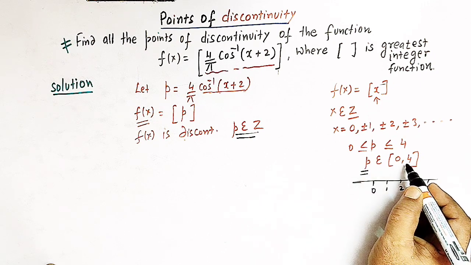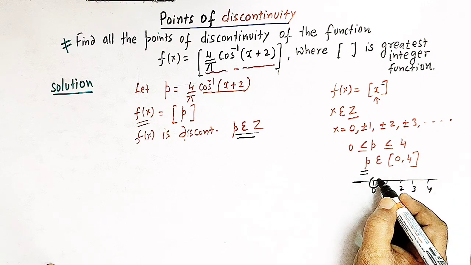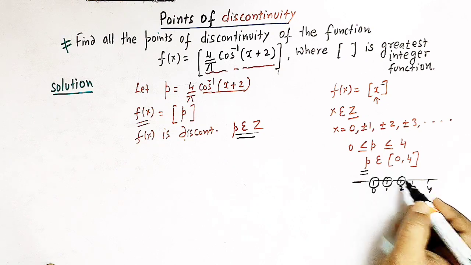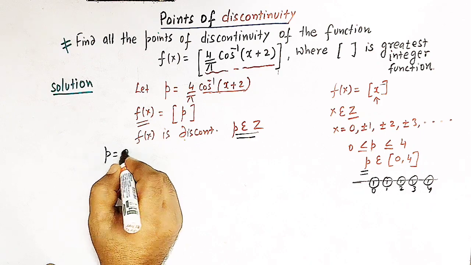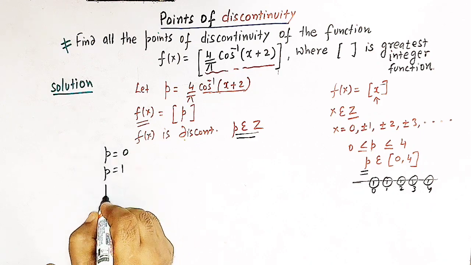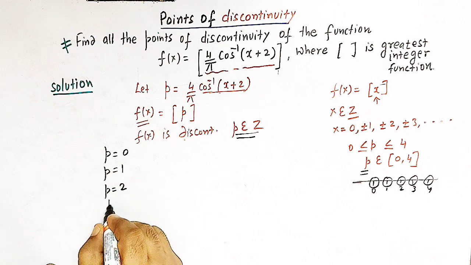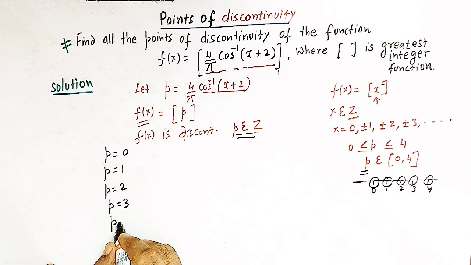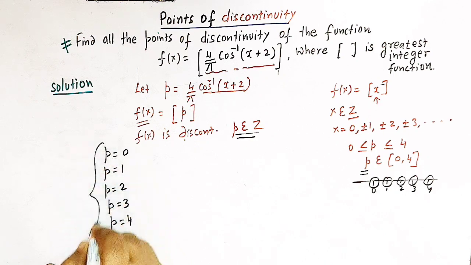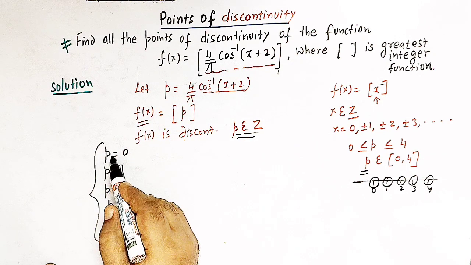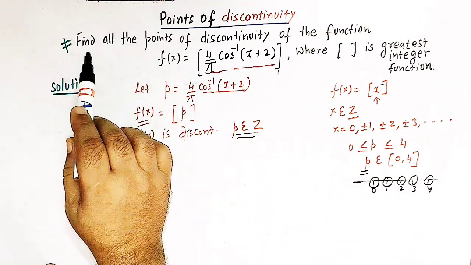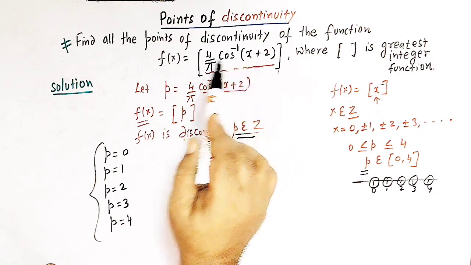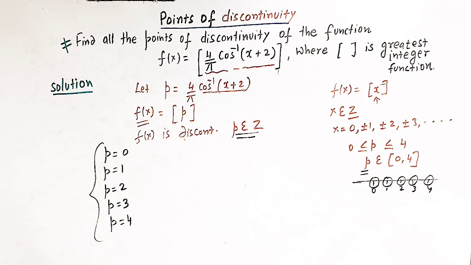So whenever p is an integer, for example p is 0, p is 1, p is 2, p is 3, and p is 4, this function f of x is discontinuous, right? So for these values of p, let us find out the values of x, because here we have to find all the values of x for which this function is discontinuous.